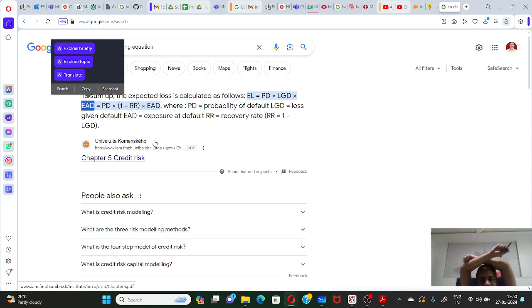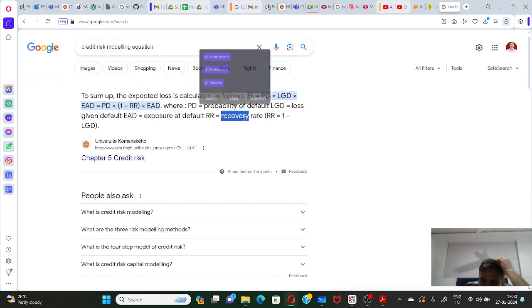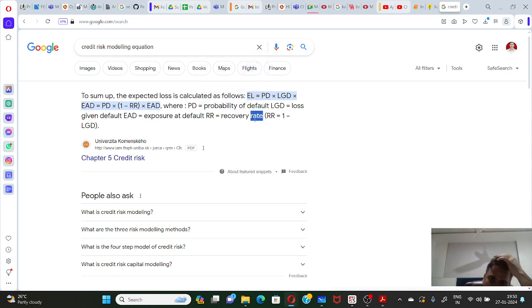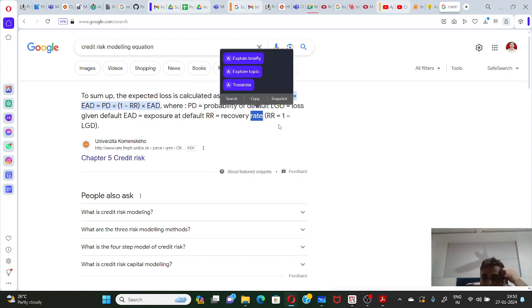And loss given default is, after you have defaulted, the bank will take over the collateral, let us say your mortgage, which is the house, and they'll sell that collateral. They may or may not recover the full value of that outstanding amount, right? So loss given default comes from the recovery rate. Recovery rate is generally assumed as 40%, not for home loans, but generally in credit risk.